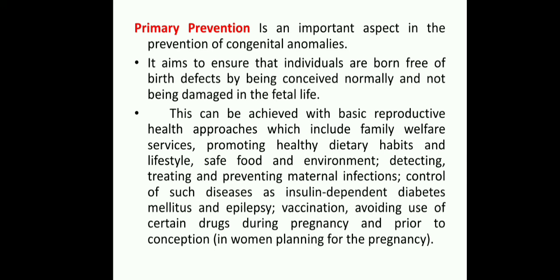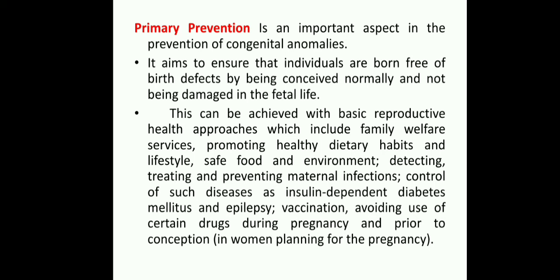What is primary prevention? Here it is an important aspect in the prevention of congenital anomalies, that is, the aim is to ensure individuals are born free of birth defects by being conceived normally and not being damaged in fetal life.